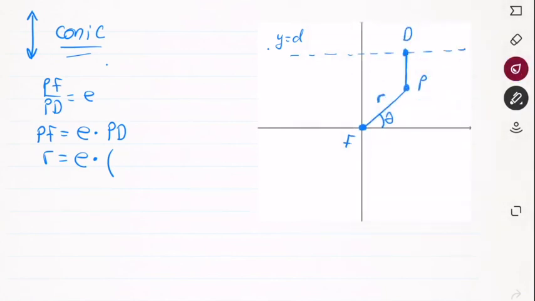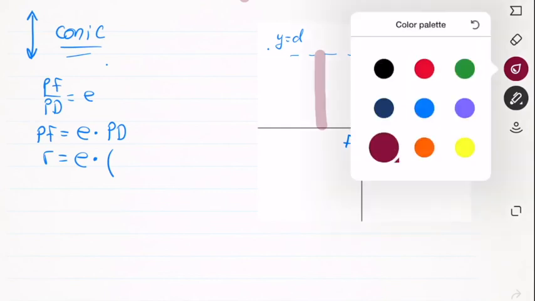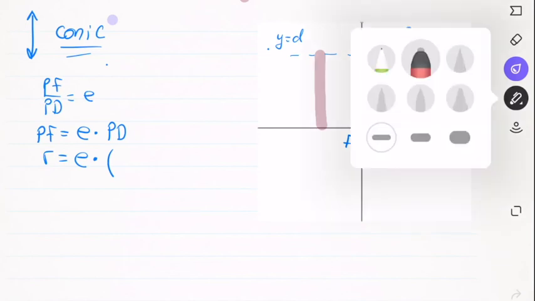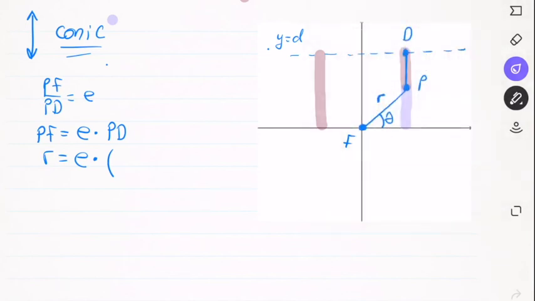And, kind of like before, looking at PD here, this distance here is d, from y equals d down to the x-axis. So all I have to do is find the length from P to the x-axis and then subtract it away, kind of like before. And then what happens here is we're looking at this side now.